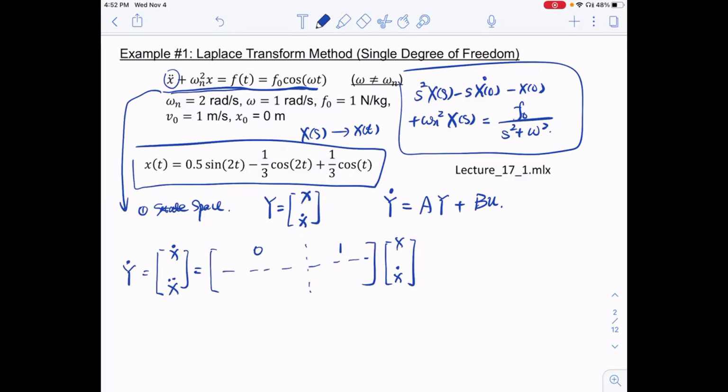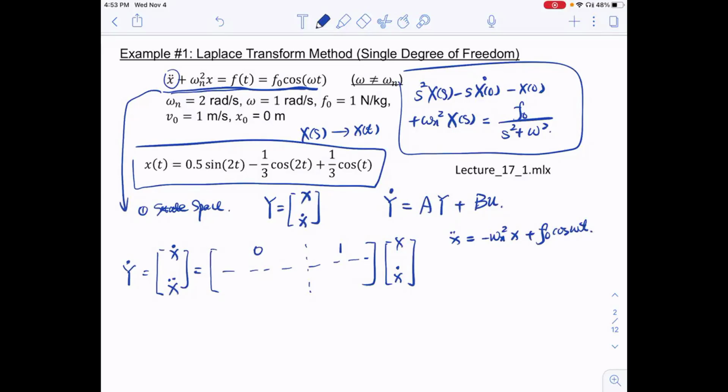Because that means x dot equals 0 times x plus 1 times x dot. That's correct. So what is x double dot? For x double dot, you have to go back to the original ODE. x double dot equals minus omega n squared x plus f naught cosine omega t.